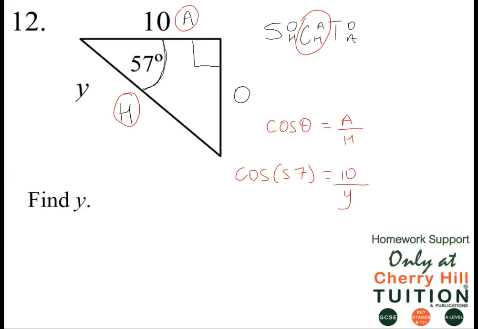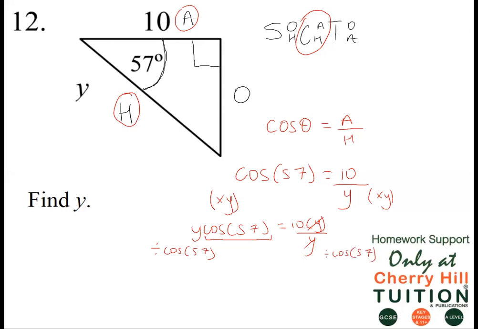So what we can do is bring y to the top by multiplying both sides by y, leaving us with y cos of 57 is equal to 10 multiplied by y over y. On the right hand side, the y's cancel out, leaving us with y cos 57 is equal to 10. Now the only thing stopping the y from being on its own is this cos 57, so we can divide both sides by cos of 57, leaving us with y cos of 57 over cos of 57 is equal to 10 over cos of 57.